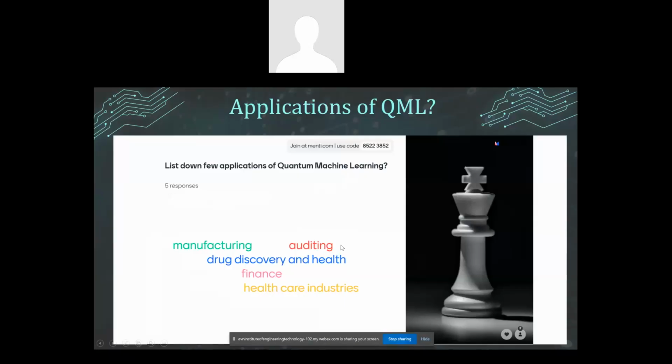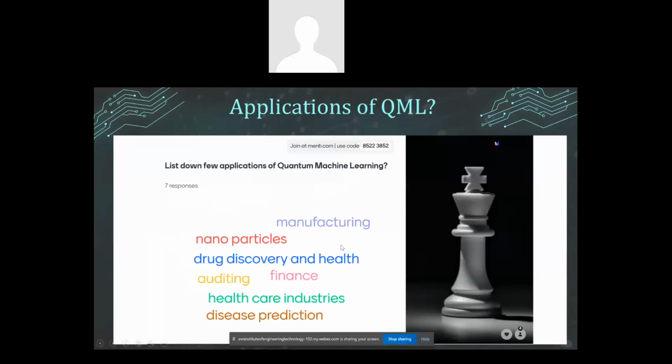I'm getting some responses. Okay, nanoparticles, yeah, true. Disease prediction, yeah, good. Okay. Everything I'm seeing here is perfectly an application of quantum machine learning.